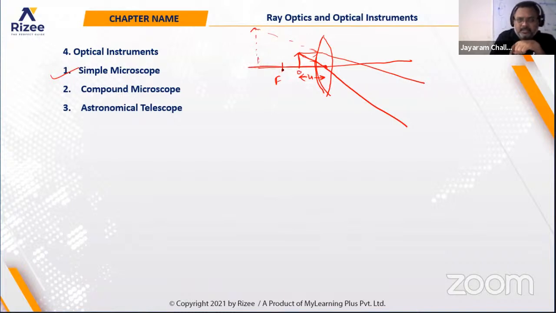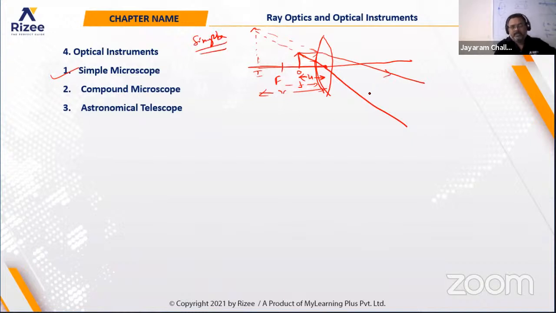This is the object, and this will be your image location, which is called V, and this is your focus F. I'm solving this for a simple microscope. The light rays will actually be traveling like this. The real rays do not meet, and a virtual image will be there.